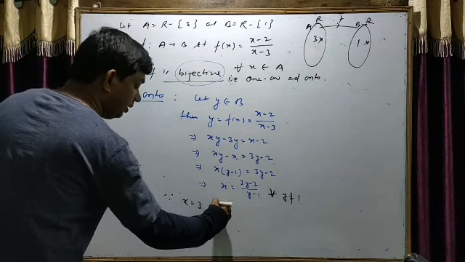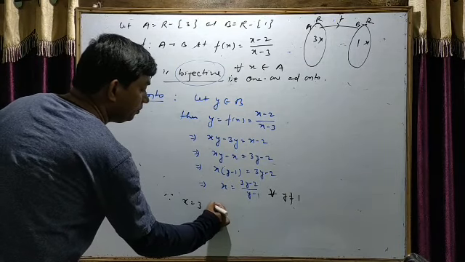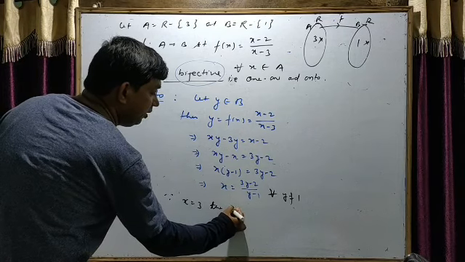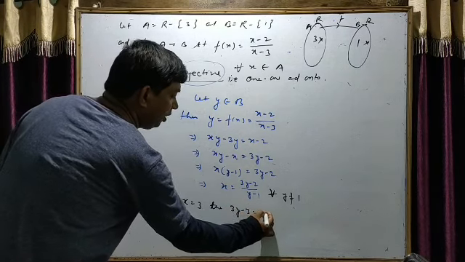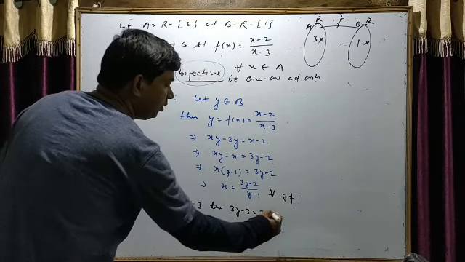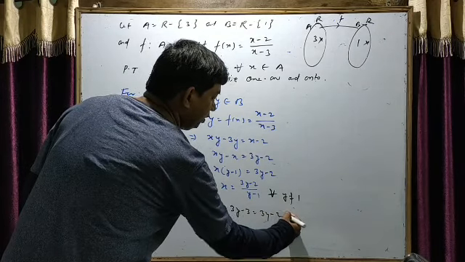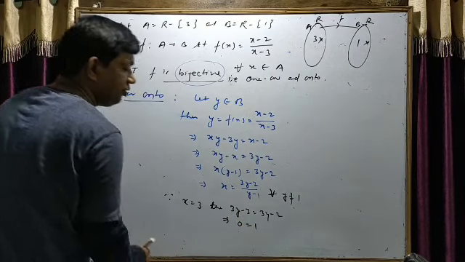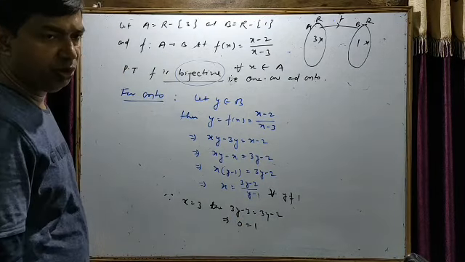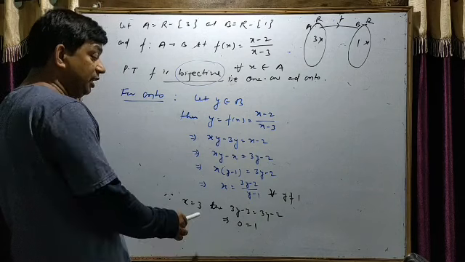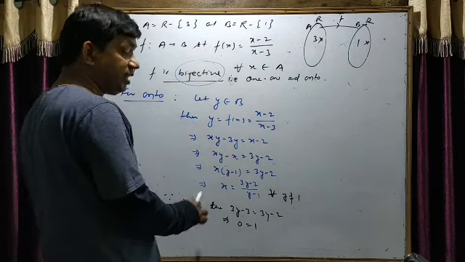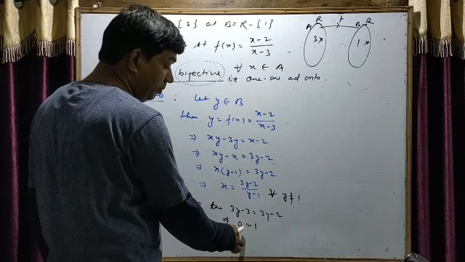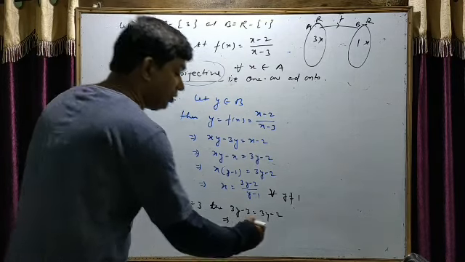So if you write 3, then 3y minus 3 equal to 3y minus 2. So what happened? This implies bringing this to one side, 0 equal to 1. Why is it coming 0 equal to 1? Because when I take the value of x as 3, the result becomes 0 equal to 1, which is false.